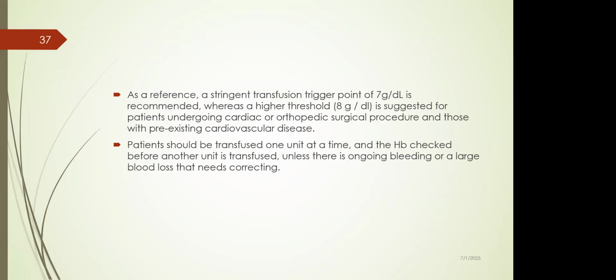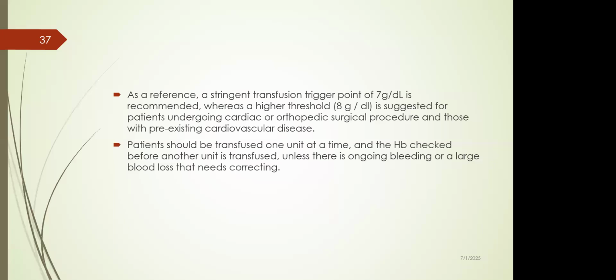For example, once the hemoglobin level is less than 7 grams per dL, that's a trigger. However, for some conditions and some surgical procedures, the trigger level for transfusion has been pegged at 8 grams per dL.